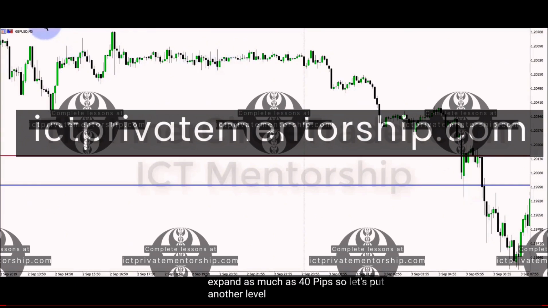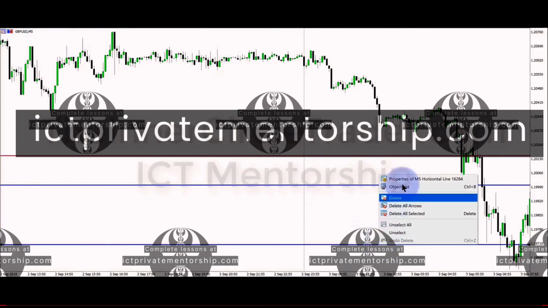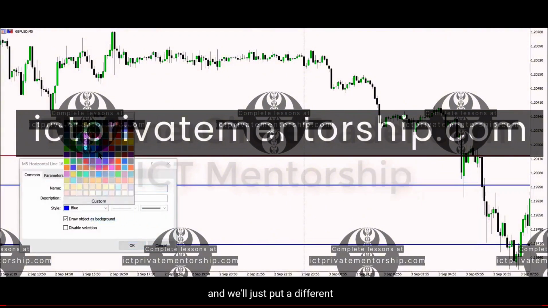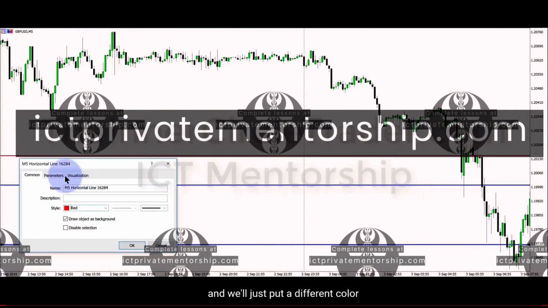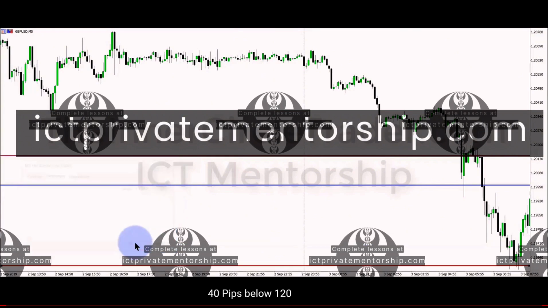So let's put another level in at 119.60. And we'll just put a different color. So 119.60 is 40 pips below 120 big figure.